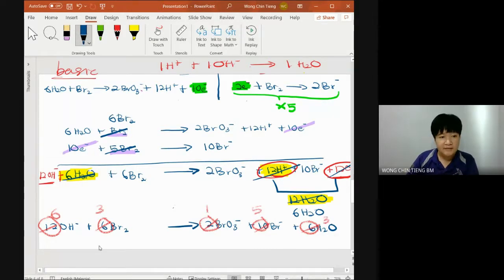So your final answer should be 6 OH minus aqueous plus 3 Br2 liquid forming BrO3 minus aqueous plus 5 Br minus aqueous and 3 H2O liquid.